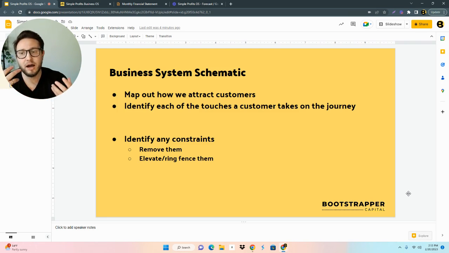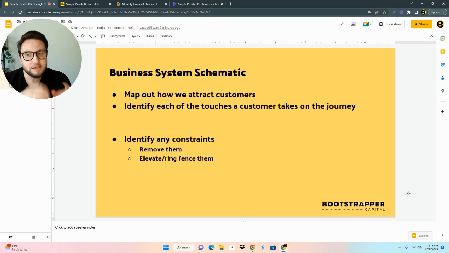And then the why behind that is because this is an awesome opportunity for us to identify some low-hanging fruit constraints, say that 3 times fast, low-hanging fruit constraints that you could easily potentially remove or elevate and ring fence, right?